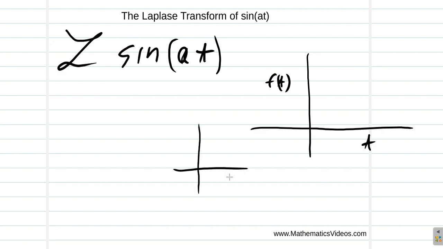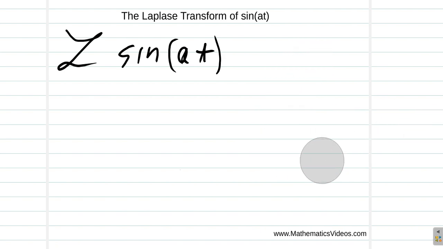It's similar to when you have x and y, or in some cases x and f of x. Just that t in many practical situations is used for the horizontal axis, usually representing time, something changing over time. So we want to find the Laplace transform of sine at.